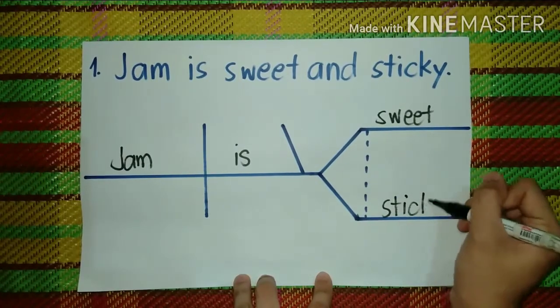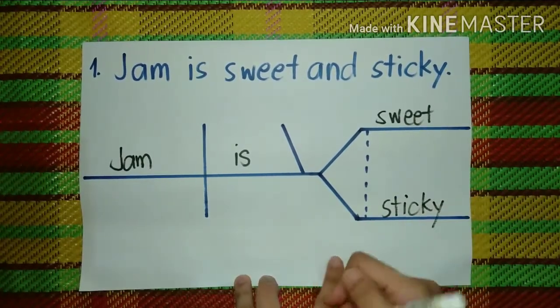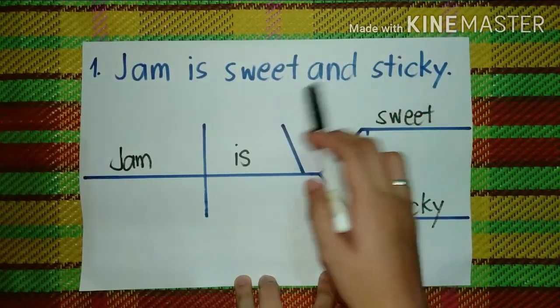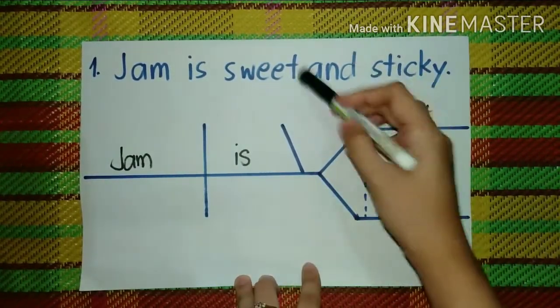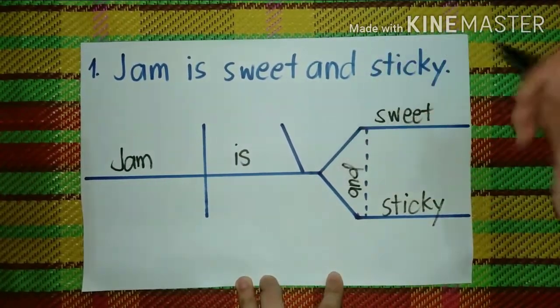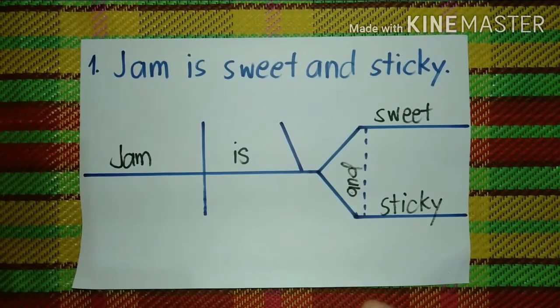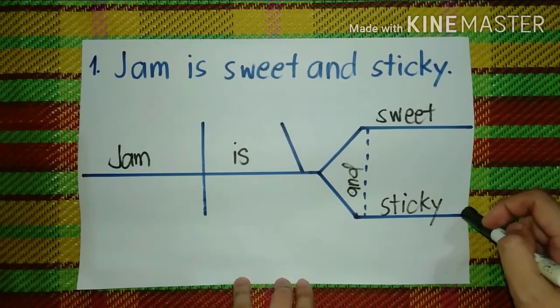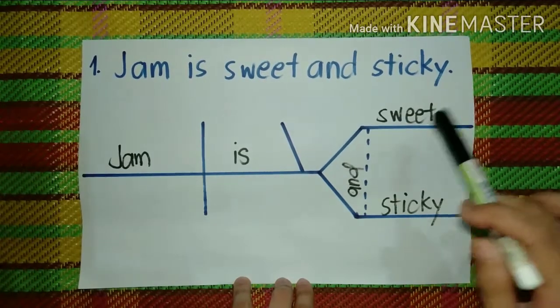And the conjunction that connects these two adjectives is the word and. And that's how this diagram works for the first example.